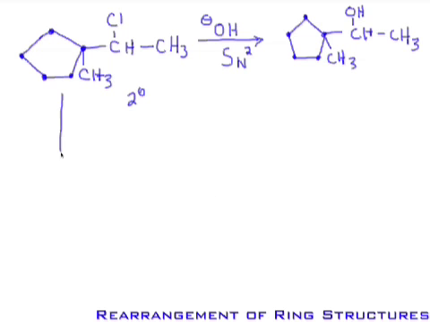Okay, let's try now water. Secondary alkyl halides in the presence of the weak nucleophile water favor SN1. Whenever you think SN1, you have to go to your scrap paper and draw your carbocation.